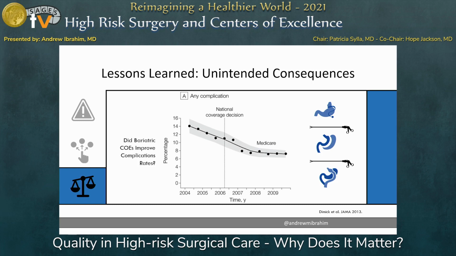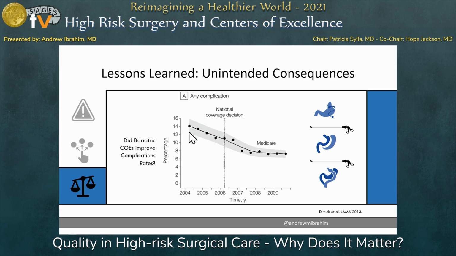So this is work looking at bariatric centers of excellence, and I'll just draw your attention to a couple different things. During this time period, this was actually when laparoscopic surgery was being widely adopted in bariatric surgery, and you see that before Medicare decided to restrict payment to centers of excellence, quality of care had actually already been improving.